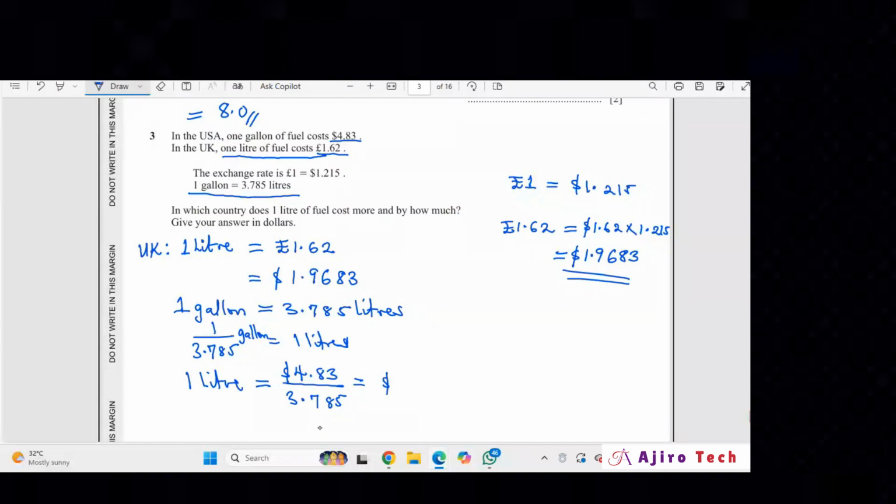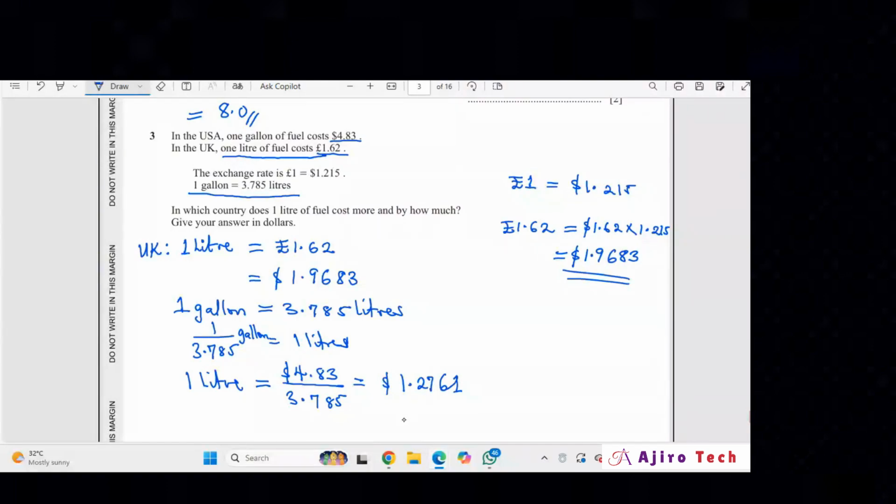Now class, can you divide 4.83 by 3.785 for me? I want to get 1 liter. That is why I'm doing this. When you divide this, you are going to have 1.2761, which is in dollars.